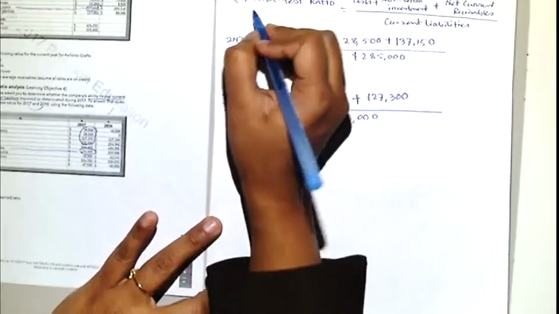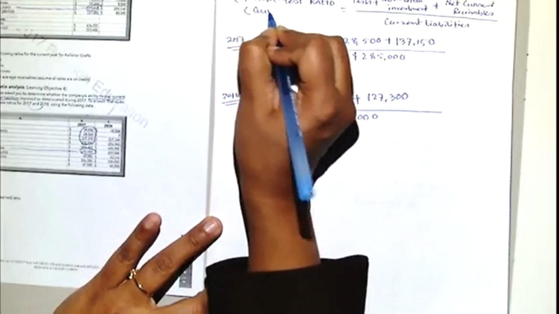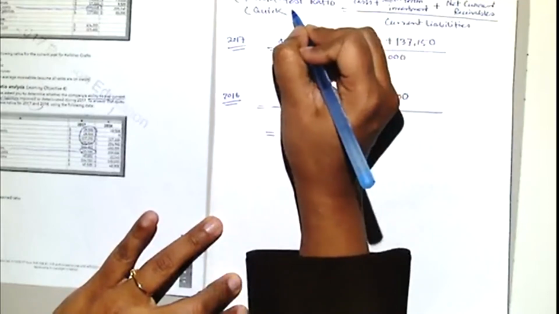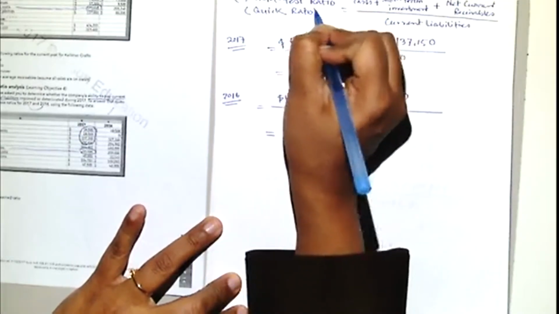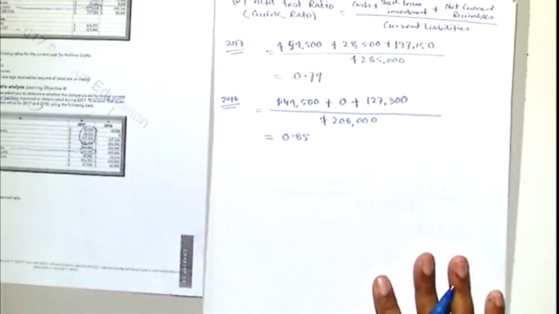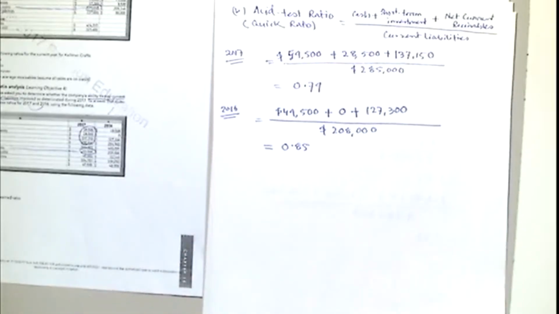Now, what is your quick ratio or acid test ratio? 0.85. So what do you think about this company's performance? Whether they improved or not, comparing 16 and 17? No. So their performance actually went down. And if you take a look at that, the main reason seems to be what?